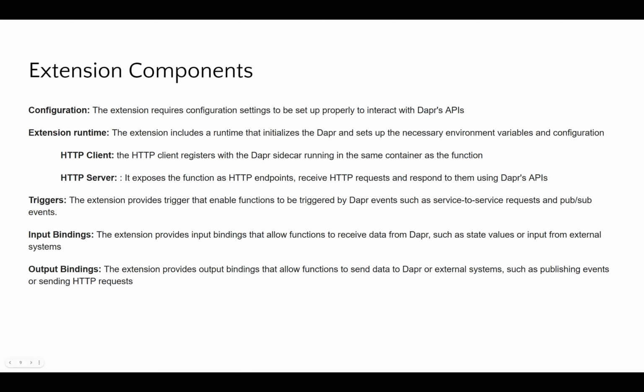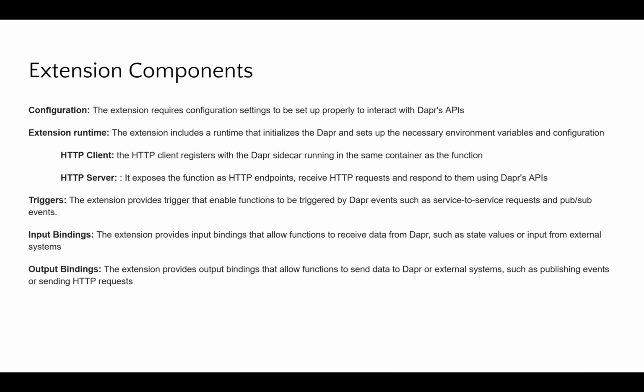Yeah. So the extension will have a set of components. First one is configuration, which I showed the screenshot of in the beginning. Primarily, the extension requires the ports, the app name, the app port, all these things which are required for Dapr APIs to interact with function apps.